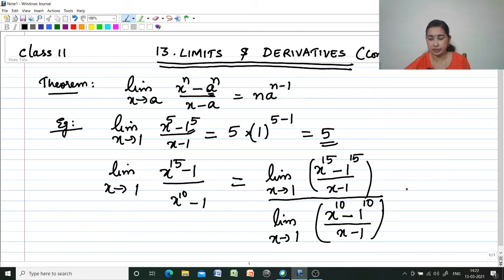Now apply the standard result. X raised to 15 minus 1 raised to 15 divided by x minus 1. X raised to n minus a raised to n by x minus a is n a raised to n minus 1.